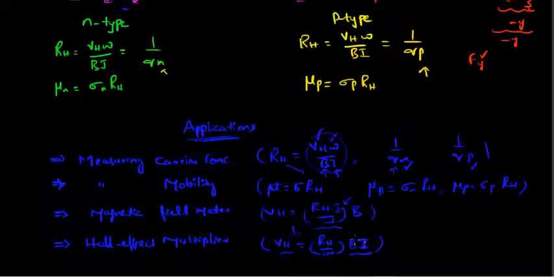So these are a few of the applications, and practically you can see applications like building sensors with this Hall effect concept, and computer peripherals like keyboards which are very reliable, built with the Hall effect. And there are multiple applications based on this concept, the Hall effect.